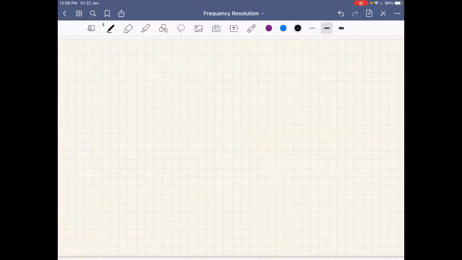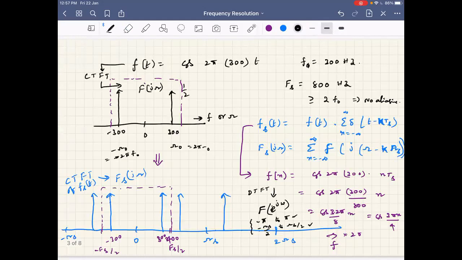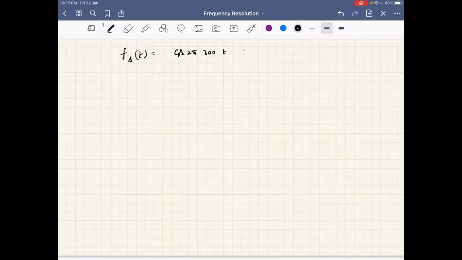So let us assume now that you have Fs of t, which is cos 2 pi into 300 into t. Let me write it explicitly as multiplication with the sum of delta of t minus kT, where capital T is 800, k equal to minus infinity to infinity.